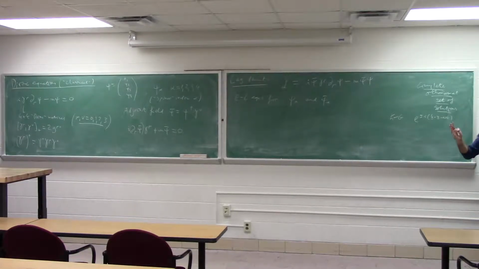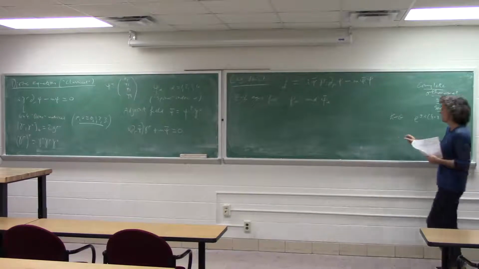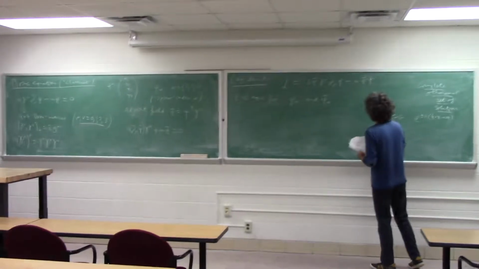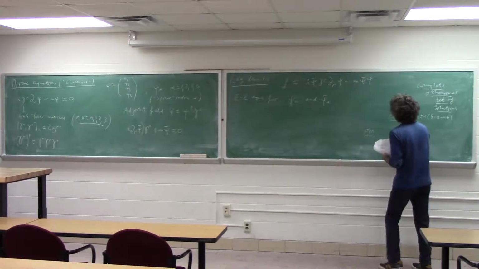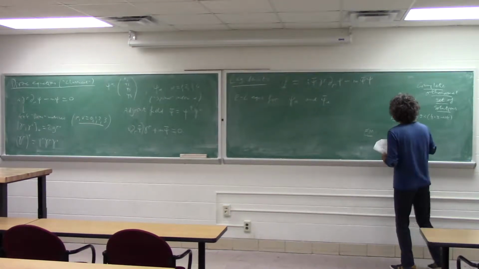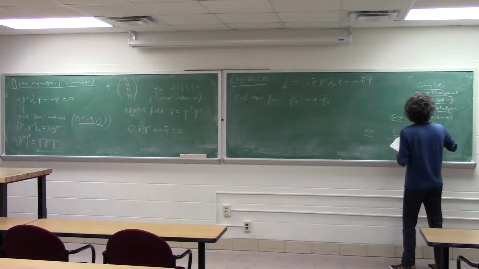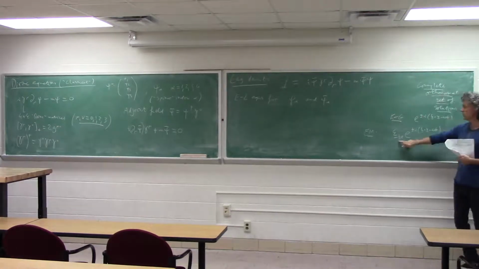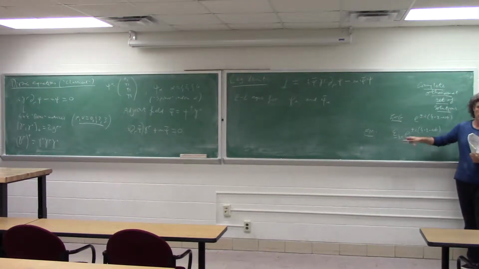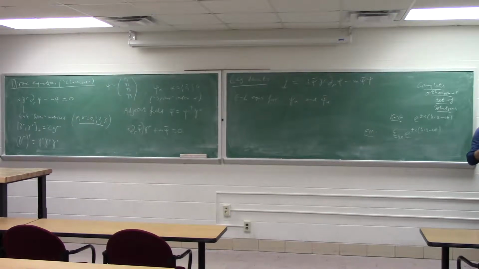We expanded the field operator in those terms, and that was actually the only property of the Klein-Gordon equation that we used, that these are a complete set of solutions. Similarly, when we did the electromagnetic field, we had a complete set of solutions that looked like this, where these were three vectors with certain orthonormality properties.